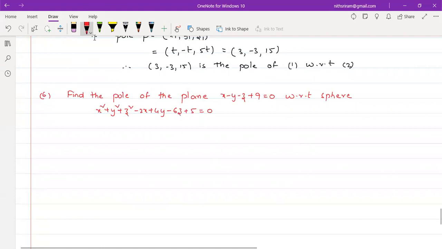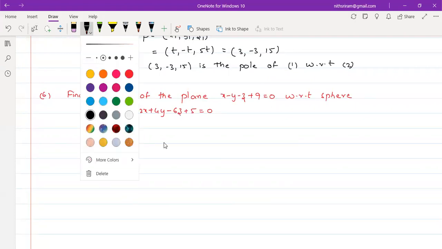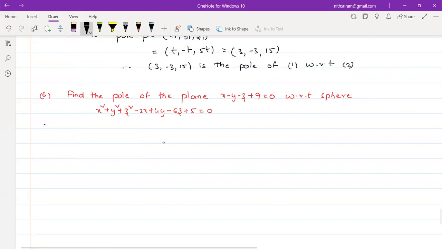So one more problem on pole. First of all, we have to write the given plane equation. So the given plane is x minus y minus z plus 9 is equal to 0. Treat this as equation 1.